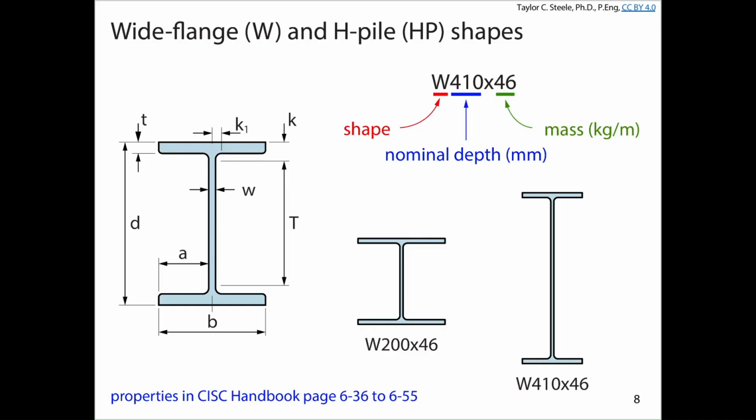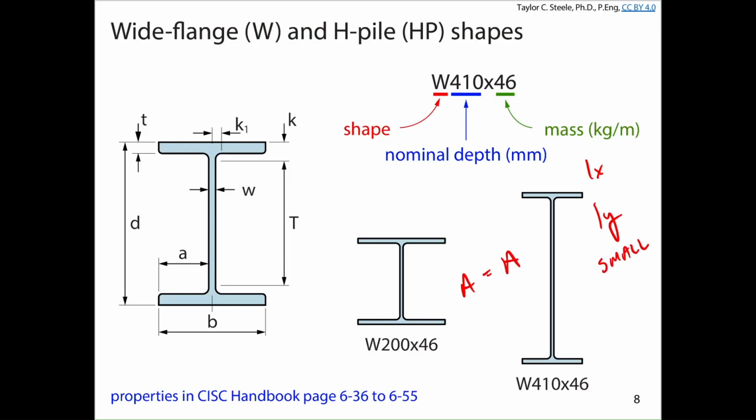Left-hand side, right? The reason for that is, if you look at these two sections, one is taller than the other, but the mass per meter is basically proportional to the cross-sectional area. These two sections have the same area, so the areas are equal. If you were to do the I calculations, IX is quite big, but IY here is small.